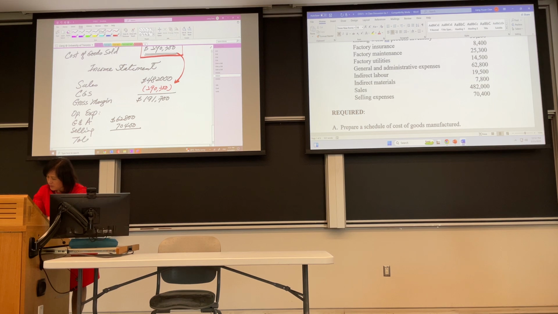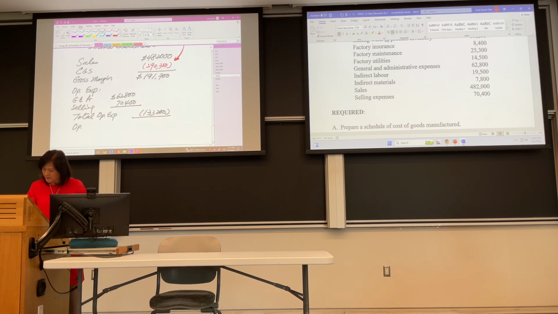So total operating expenses 133,200. So operating income, this minus this, 58,500.